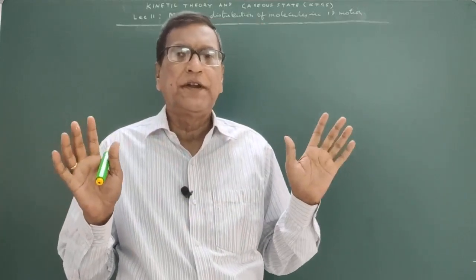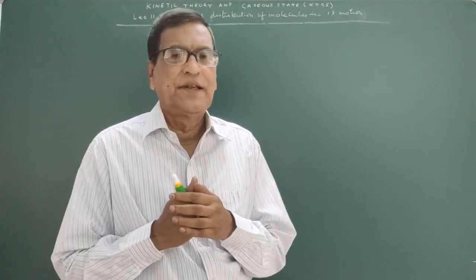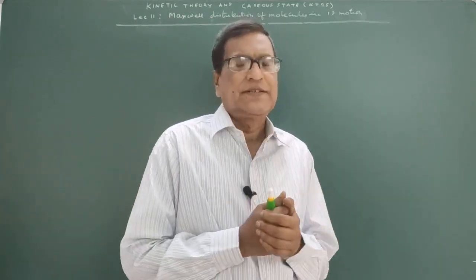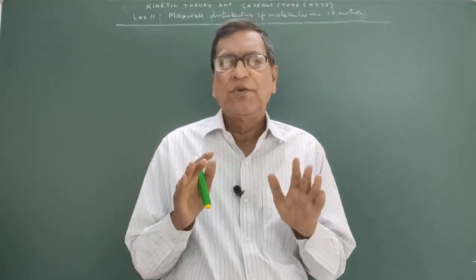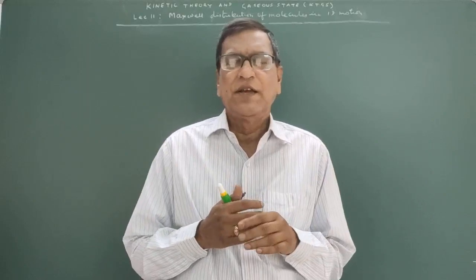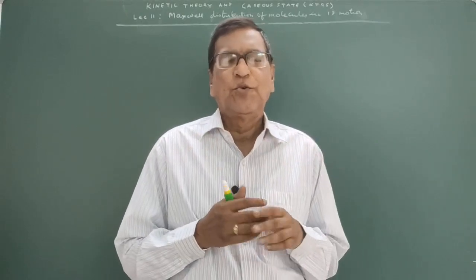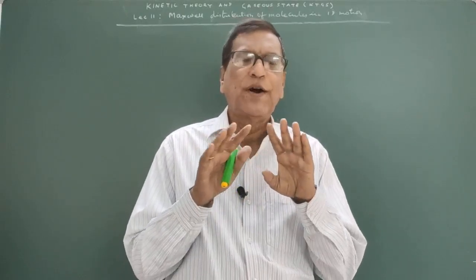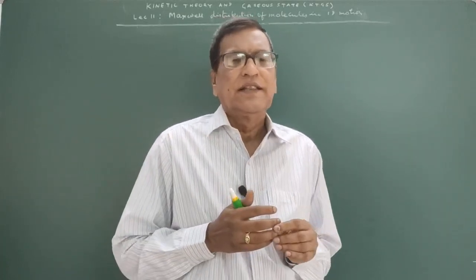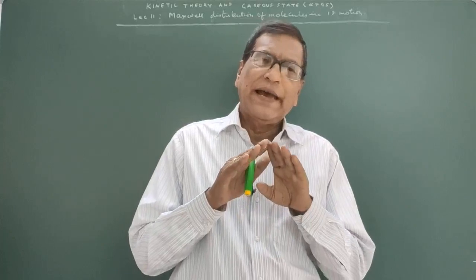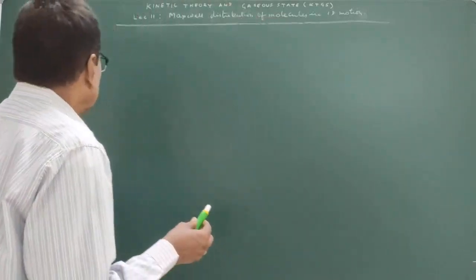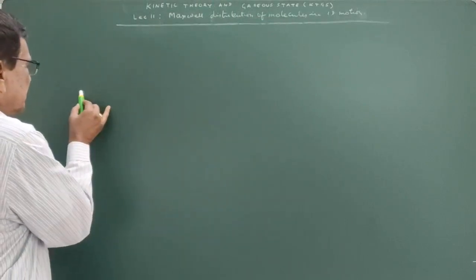After complete discussion of the molecular motions in 3 dimensions, now I would like to show what happens when the molecules are moving in one direction. Let us consider the molecules are moving along this x-axis.